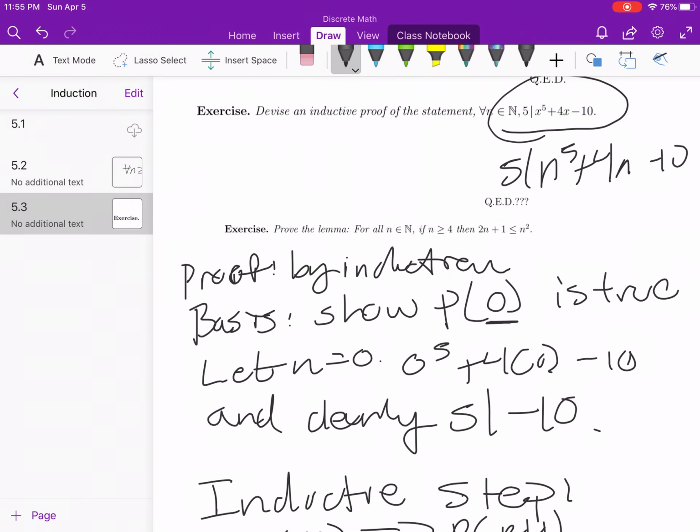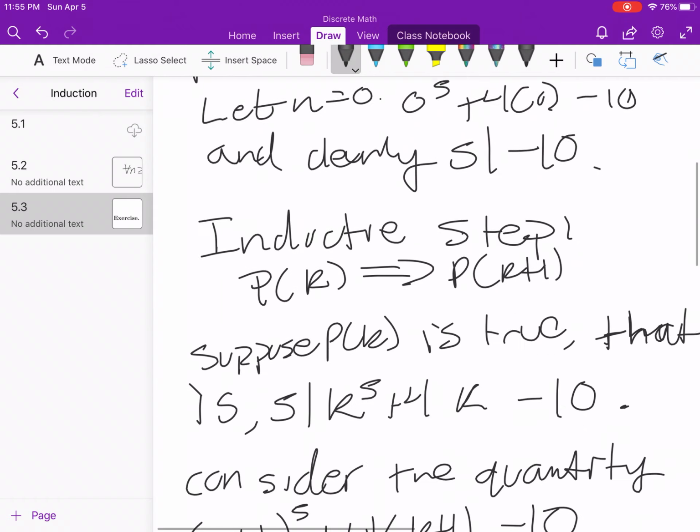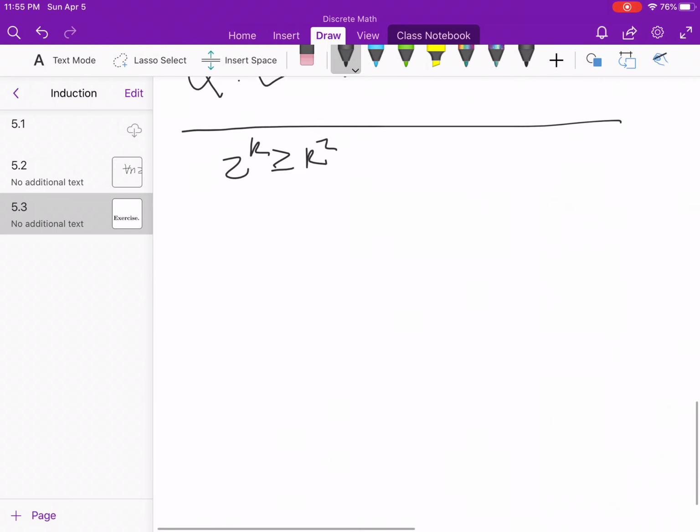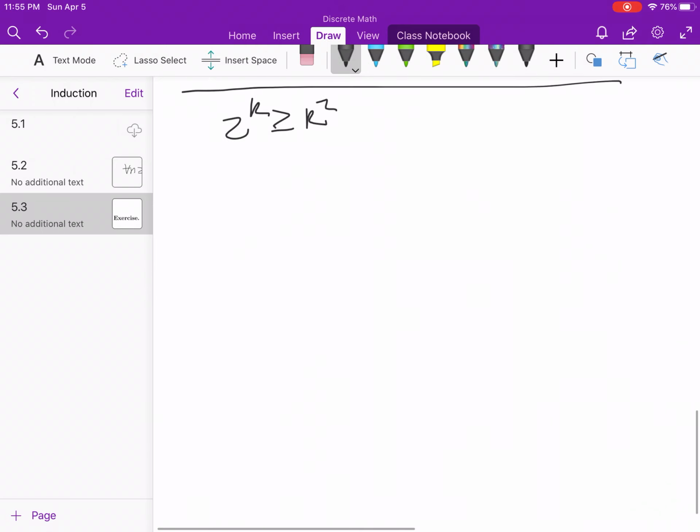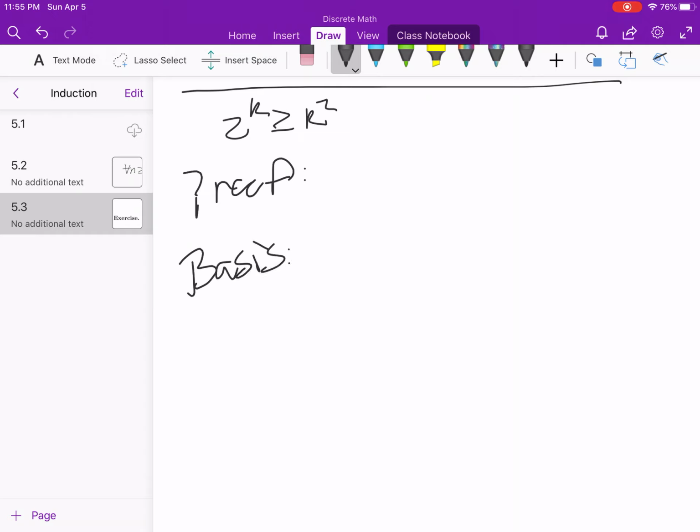So we want to show that for n greater than or equal to 4, 2n plus 1 is less than or equal to n squared, right? So in this case, we want to show my basis. Proof. In the basis step, I can always show what's going to happen first.